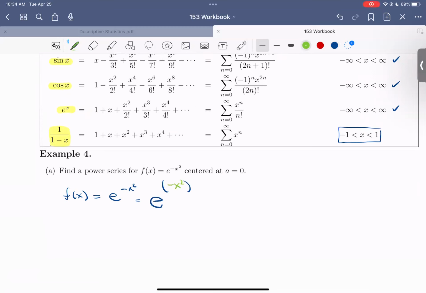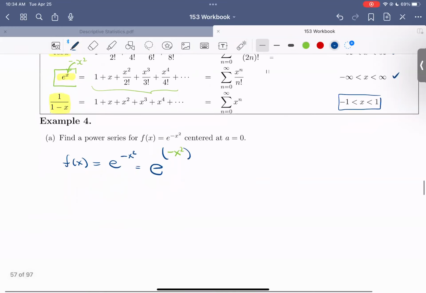And so what we can do is feed negative x squared into the x in our power series for e to the x. When we do that, we can then create a power series for our function e to the negative x squared. So let's take a look and see how this would be done.